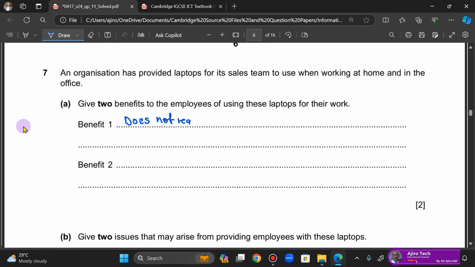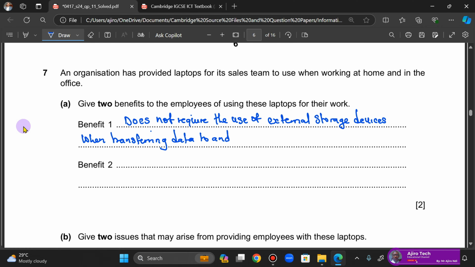Does not require the use of external storage devices when transferring data to and from the office.